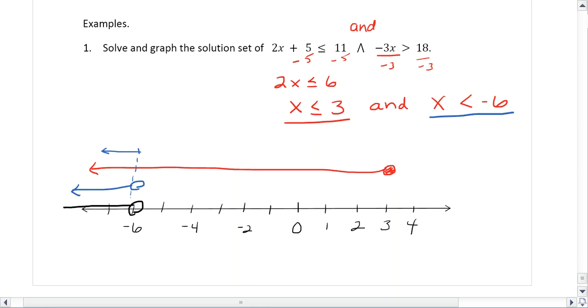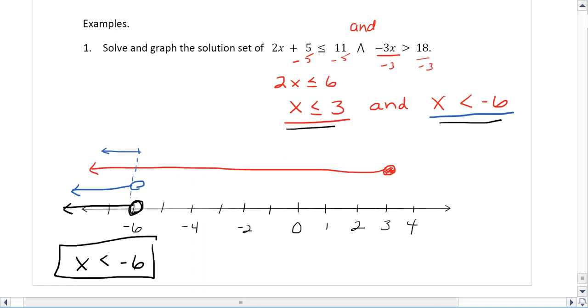We also need to be able to not just show this on a graph, but state this as an inequality. The answer to both of these together is this part that I graphed in black. It does not include -6, but it includes everything smaller than that, which would be x is less than -6. This is how we state the solution in an inequality sentence, and this graph is how we show the solution on a graph.